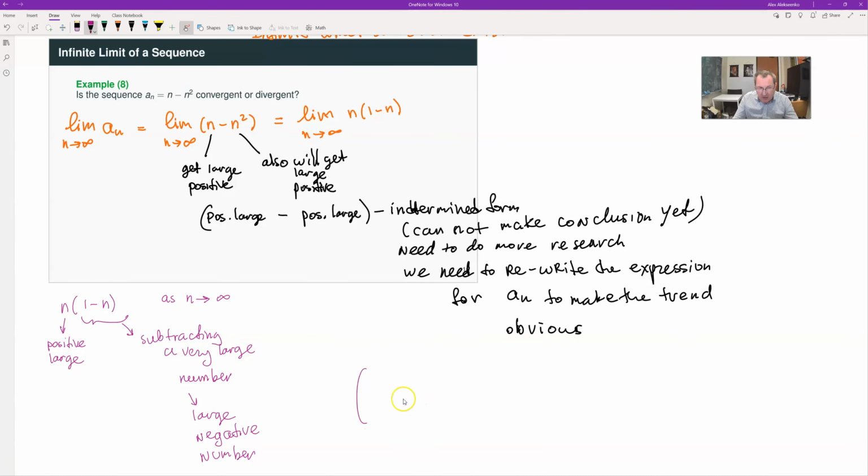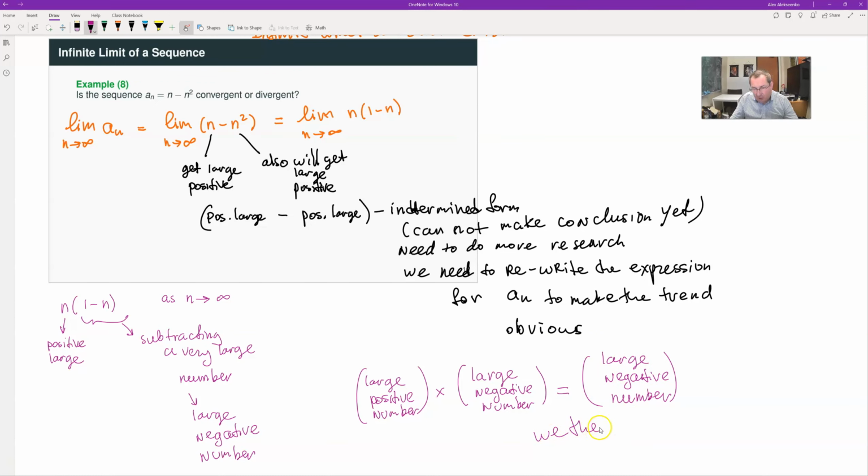Now, what we get if we take a large positive number and multiply it by a large negative? The magnitude of the product will be large, and the sign will be negative. So we get a large negative number. We therefore conclude that limit of a_n equals negative infinity.